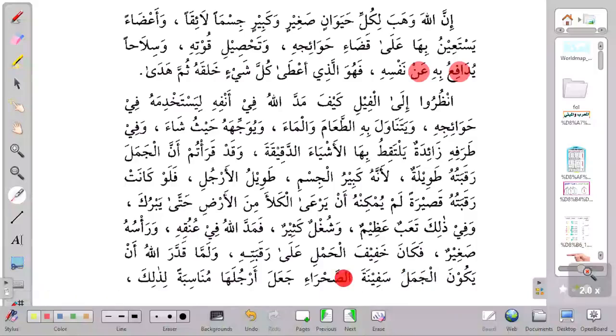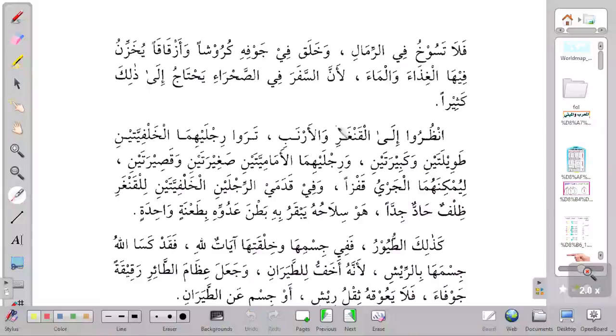We mean the means of travel through the desert. جَعَلَ أَرْجُلَهَا مُنَاسِبَةً لِذَلِكَ, He made its legs munasibatan lizalik, suitable for that. Munasib means suitable. فَلَا تَسُوخُ فِي الرِّمَالِ, and so it doesn't sink in the fine sand. Saha yasuhu means to sink. So it doesn't sink in the fine sand.